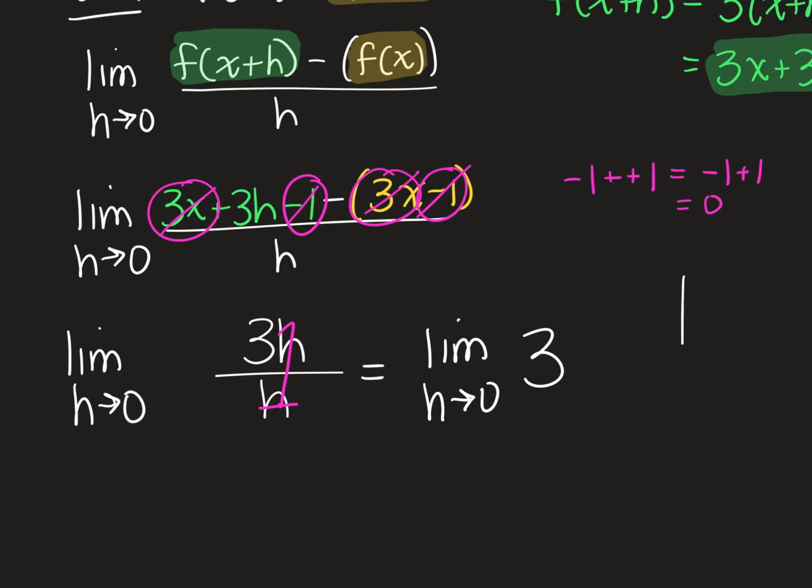So if you have a horizontal line of 3, what is the output no matter where you go on that line? It's always 3. So no matter what our input is, it's 3. So even though it says plug in 0 for h, well, I don't have anywhere to plug in 0 for h. So no matter what, this limit is going to end up just being 3. So our final value of that limit is just 3.